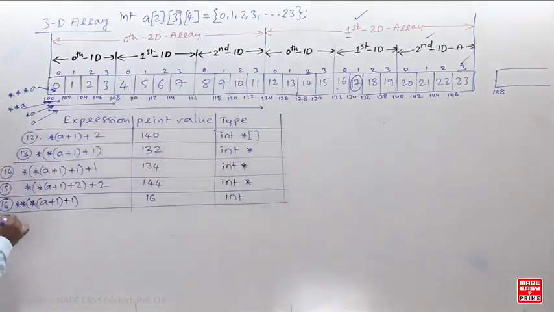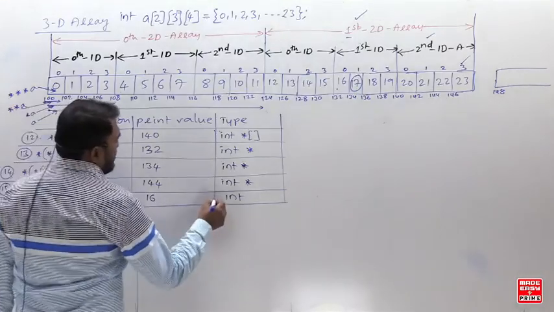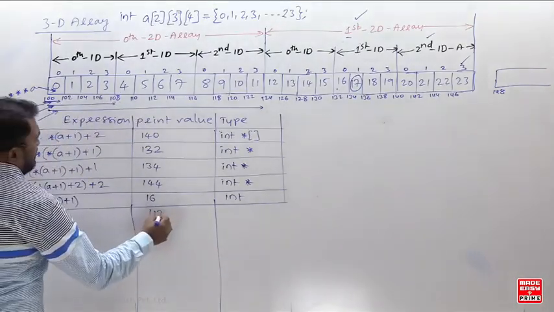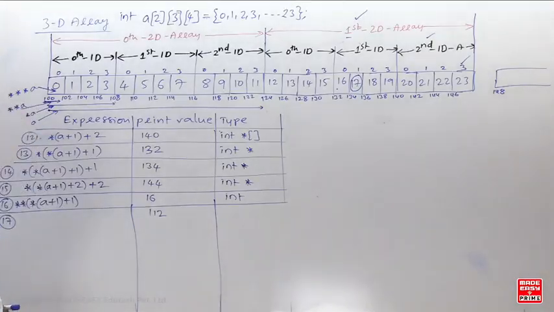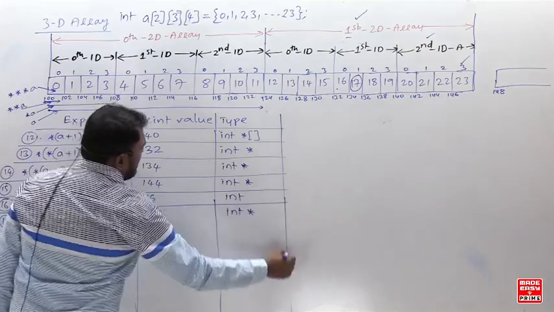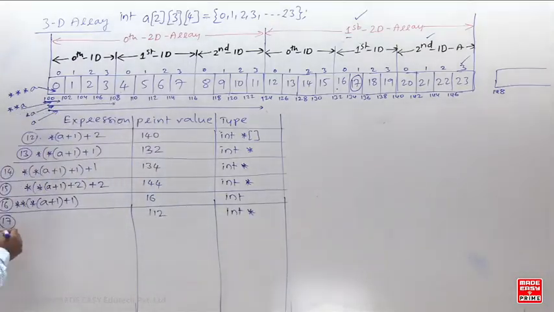Now tell me the next expression. I want 112, and the type is int star. So tell me the expression.